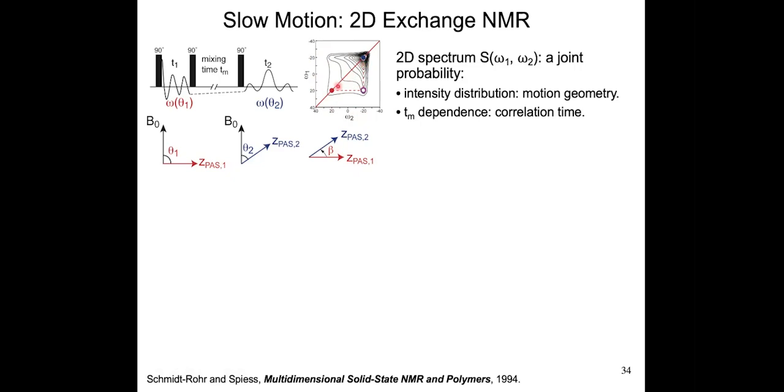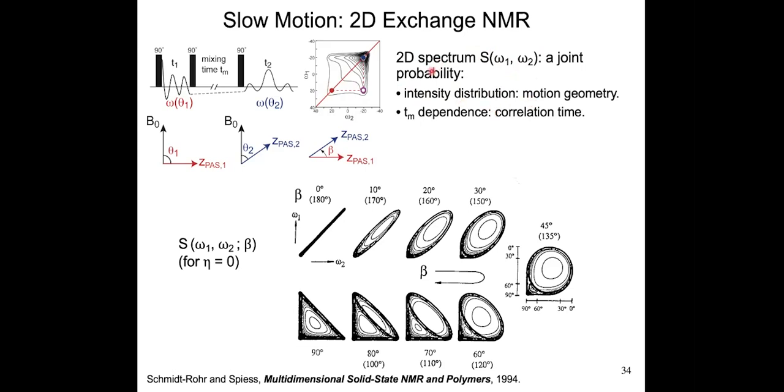But when you correlate the two, you would have intensities well away from the diagonal, because a point that started at omega-1 will change to some other frequency in omega-2. So your 2D spectrum can be represented by a distribution function S of omega-1 and omega-2. In general, the 2D spectrum is a joint probability: the probability of observing something that was initially omega-1 later turning into omega-2.